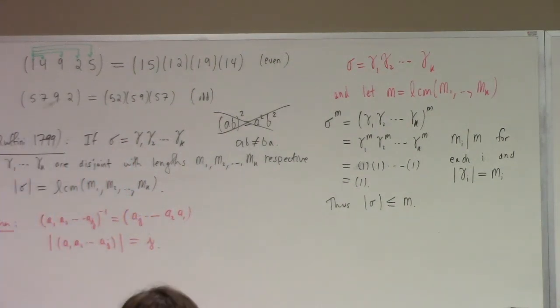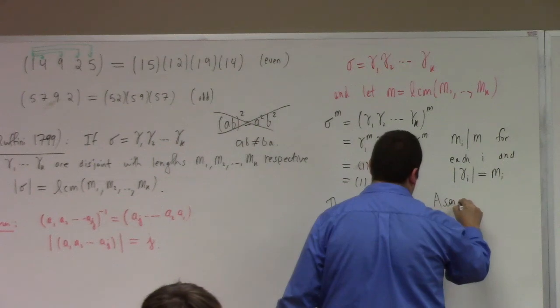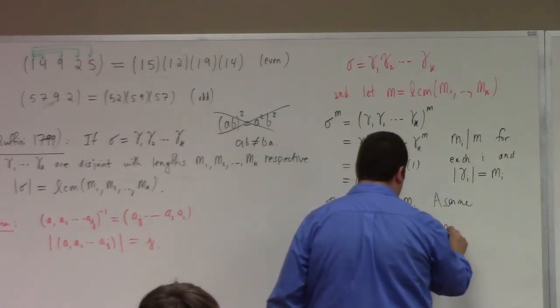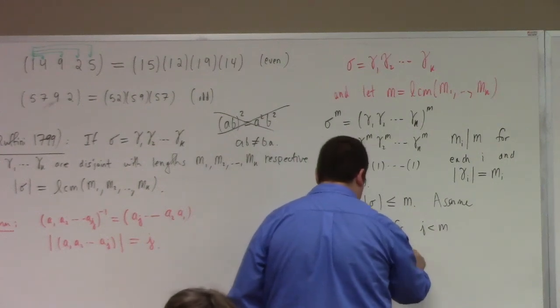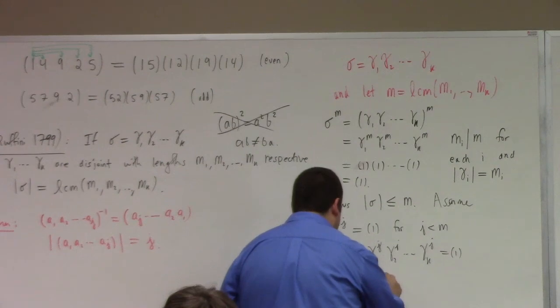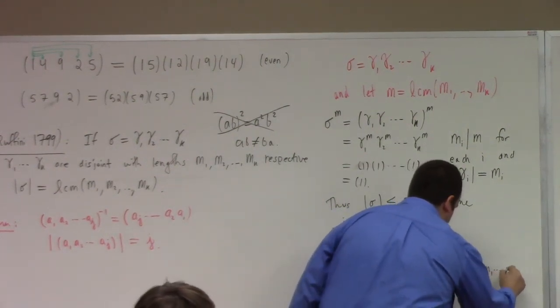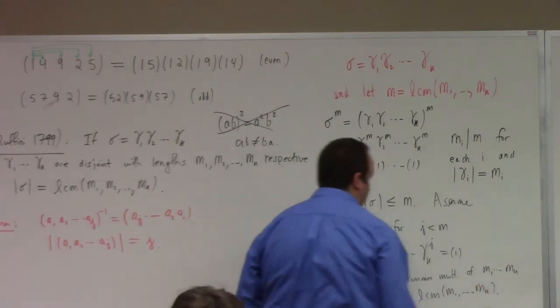So what should we do then to finish this here? If you assume that sigma to the, let's say, j is equal to 1 for j less than m, then what that will say is that gamma 1 to the j, gamma 2 to the j, gamma k to the j is equal to 1, which then implies that j is a common multiple of m1 through mk, and j is less than the least common multiple, which of course is a contradiction.